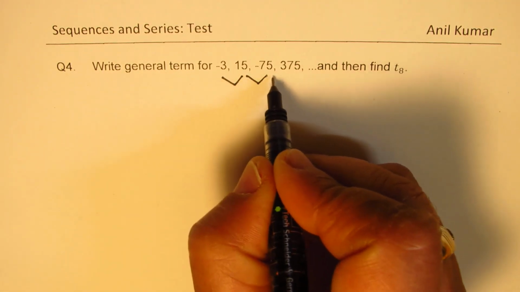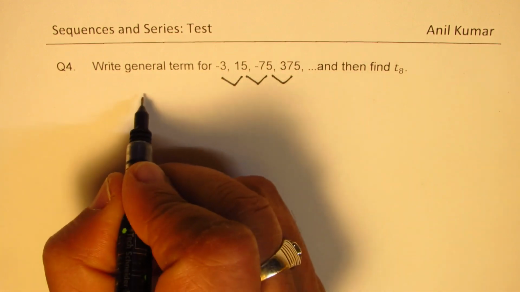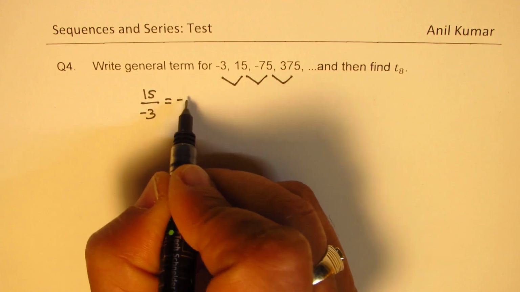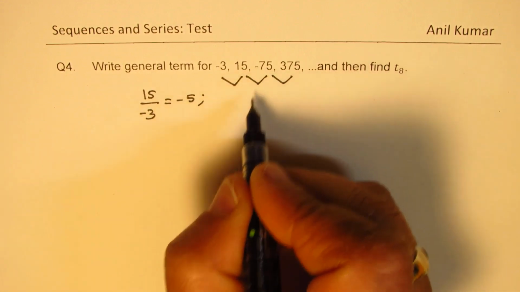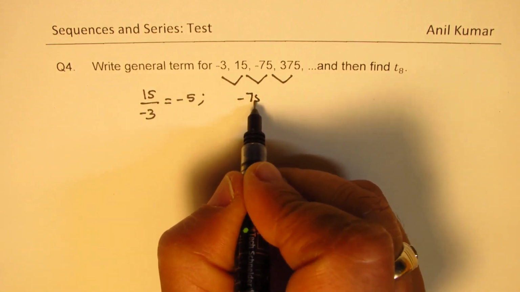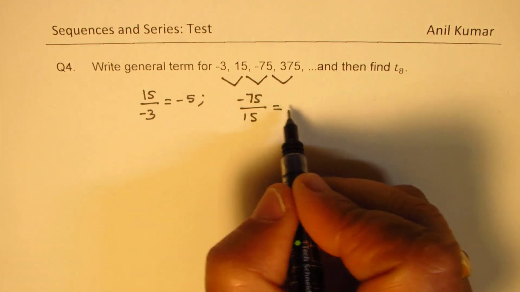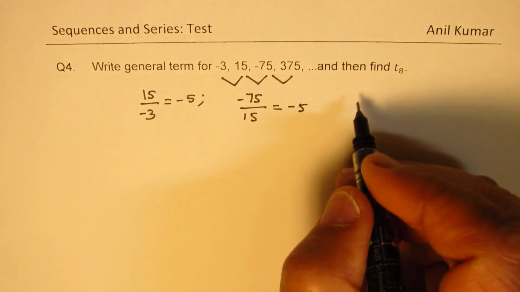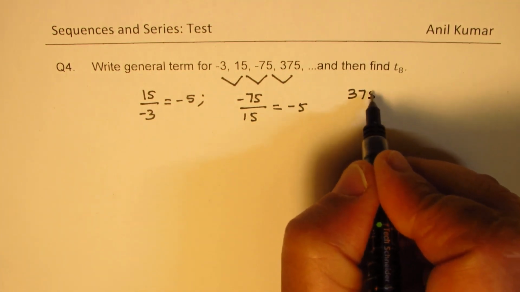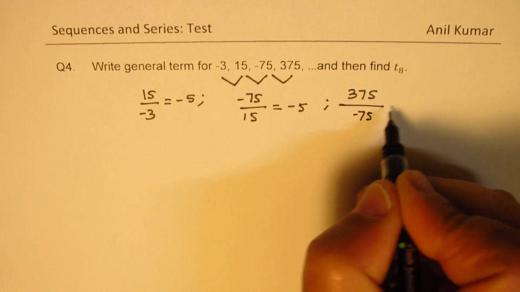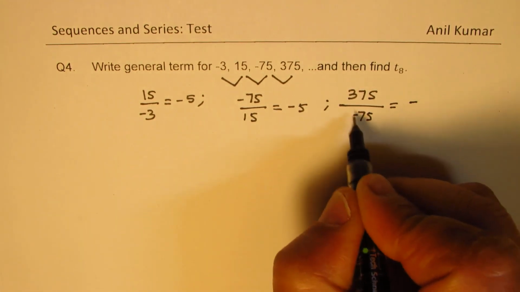We have 15 over minus 3, which equals minus 5. The second ratio is minus 75 over 15, which is also equal to minus 5. And the third ratio, 375 over minus 75, is also minus 5.